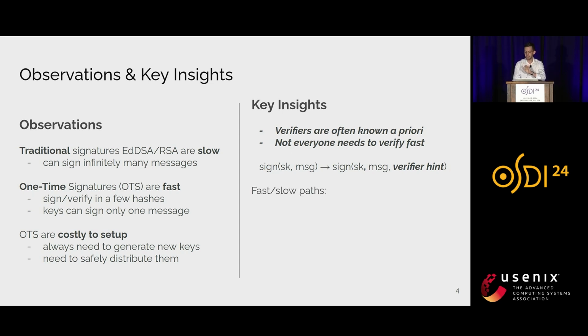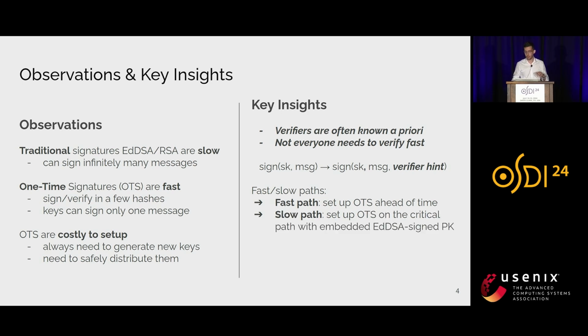And that allows us to adopt a fast, slow path design. In the fast path, you will have been able to set up the one-time signature scheme ahead of time so that on the critical path, you really have very little to do. Whereas on the slow path, you won't have been able to set up this OTS ahead of time. And so you're going to have just enough information embedded inside the signature so that this OTS can be set up on the critical path.